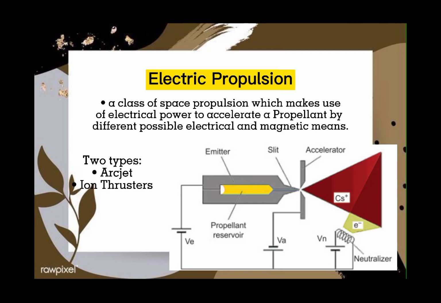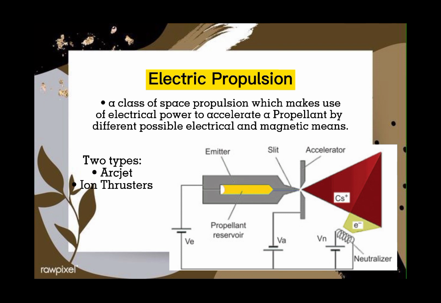And the last type of rocket engine is electric propulsion. Electric propulsion is a class of space propulsion which makes use of electrical power to accelerate a propellant by different possible electrical and magnetic means. The use of electrical power enhances the propulsive performance of electric propulsion thrusters compared with conventional chemical thrusters.